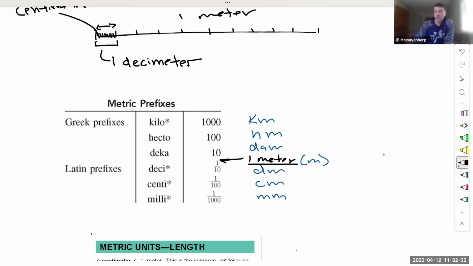The other great part is that when we talk about volume or mass or weight, it's the exact same prefixes. It doesn't matter if we're measuring something different. These prefixes, which we learn here, are still going to be the same.